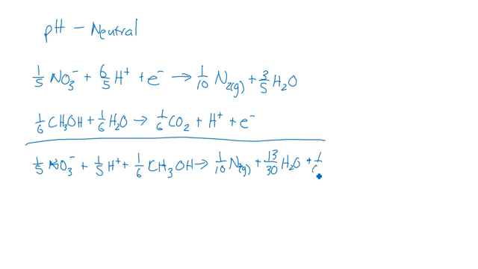and 1/6 CO2. All right, so you can see in this overall redox reaction that we are actually consuming protons here. And that's important because it means that we're actually generating alkalinity in this denitrification process, which, if we remember back to our nitrification process, this is a critical balance to that, because in nitrification, we're consuming alkalinity.